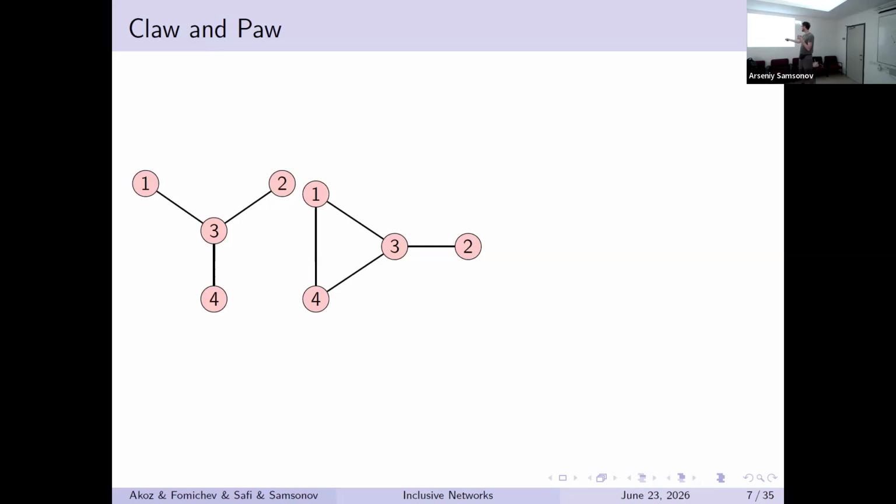Here there is a triangle, here there is no triangle. Claw and paw, they are not just examples, they are exactly like this: exactly 4 agents. For the claw there are 3 in the periphery, one center. For the paw, there is one triangle and one leaf attached to the triangle.